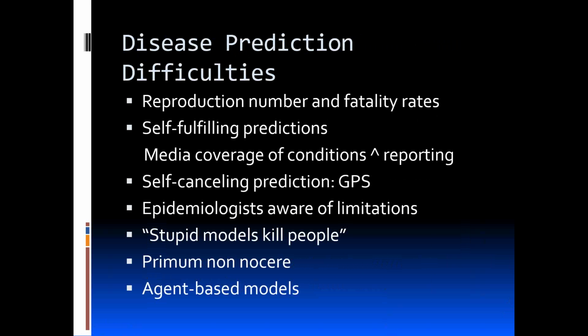So epidemiologists are people who study communities and disease among populations of people. And when we compare epidemiologists, people in the public health sector, or physicians, they tend to be, as a group, more aware of their limitations in prediction than political pundits, economists, and people in the media.